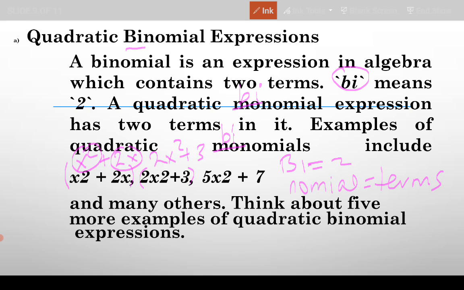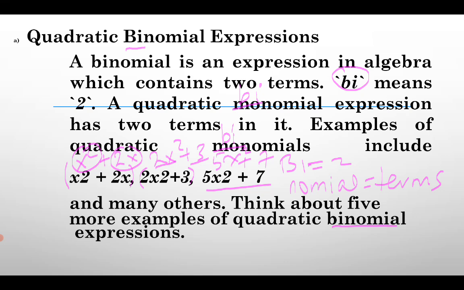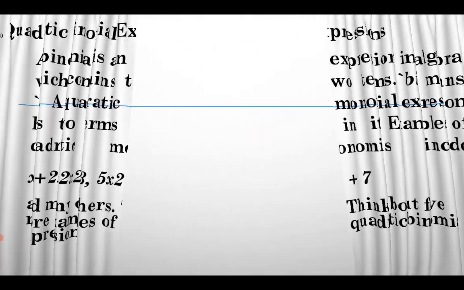So there are two terms. We have one and two terms. Therefore, it's binomial. And then we have 5x squared plus 7. This too is a binomial expression. You're going to think about other expressions that are binomial in nature. So far, so good.